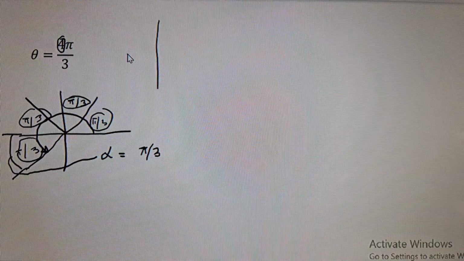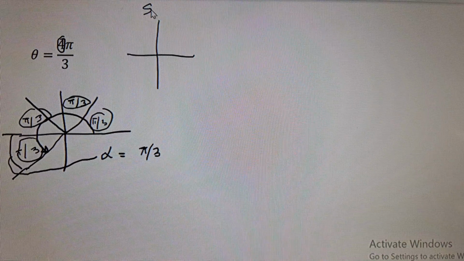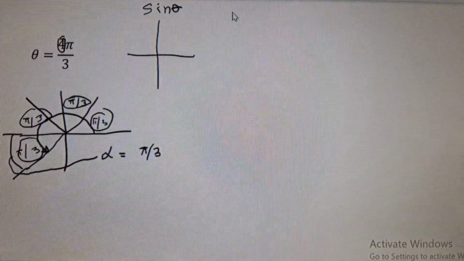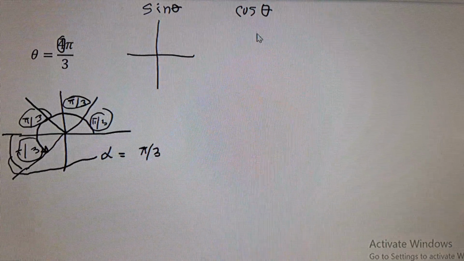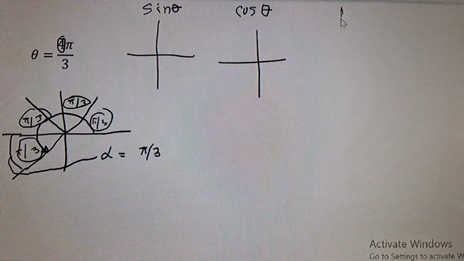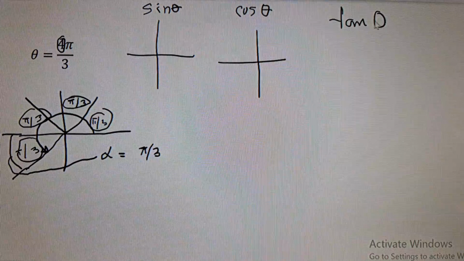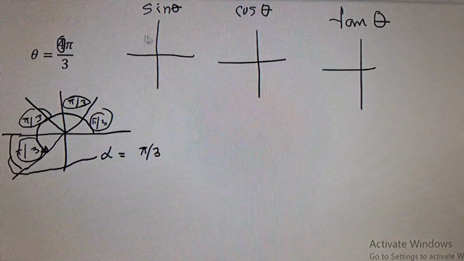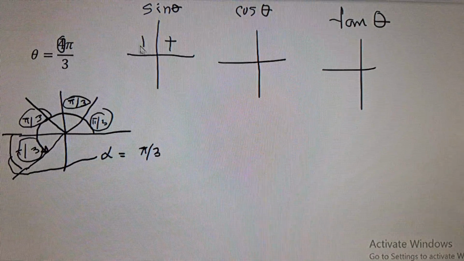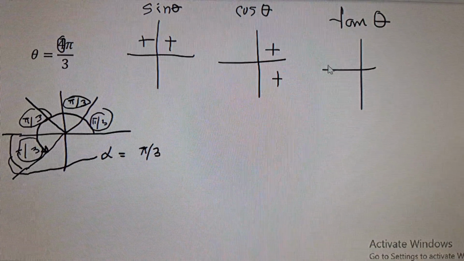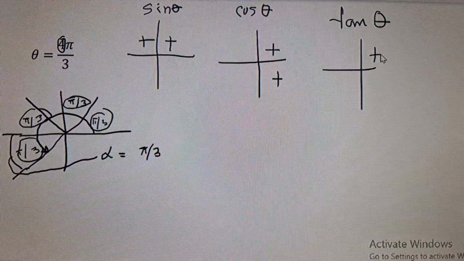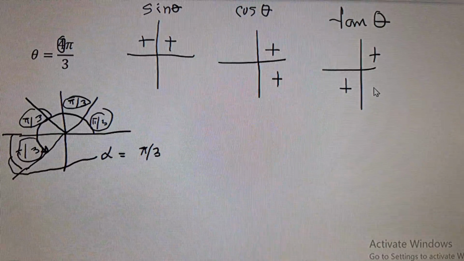Conventions. We should be able to memorize this so that we don't have to look it up every time we work on a reference angle problem. But let's have it just in case. Remember, sines are positive here and here, cosines positive here and here, and the tangent is positive here and here.